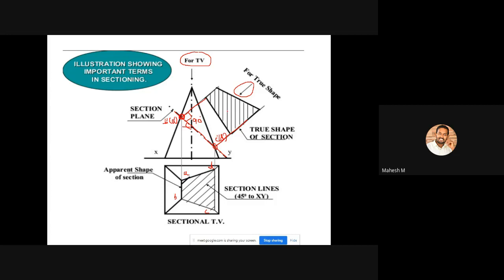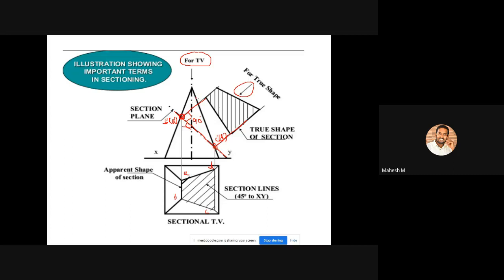And after doing that, you have to create an imaginary line that should be parallel to your sectional plane. Here the imaginary line is not created, so it will be available in your problem. So you have to create an imaginary line, and that imaginary line should not touch your solid.